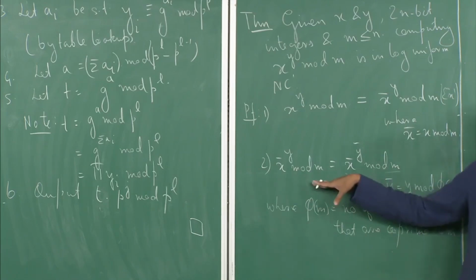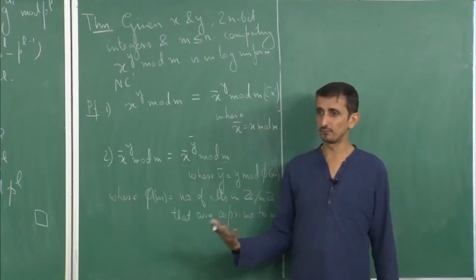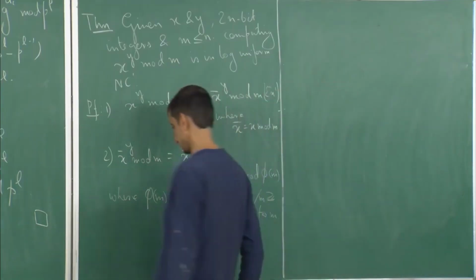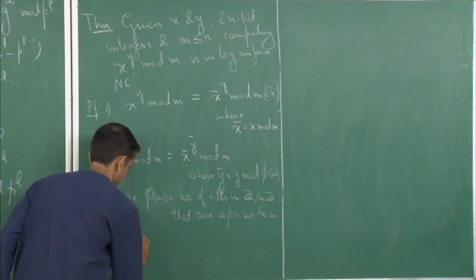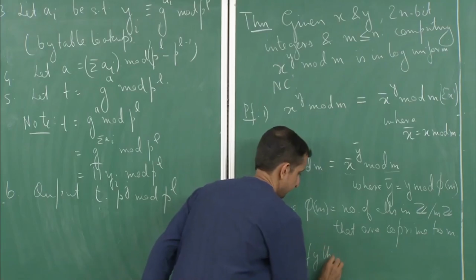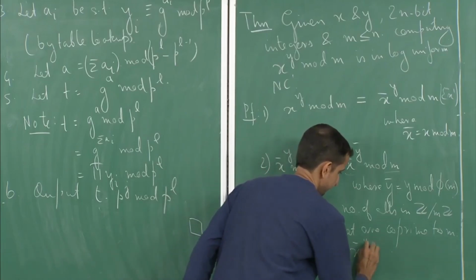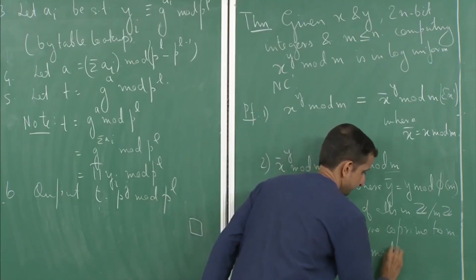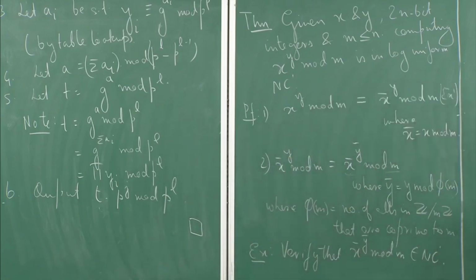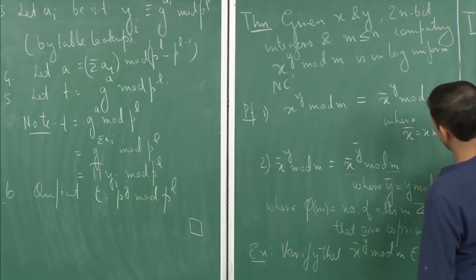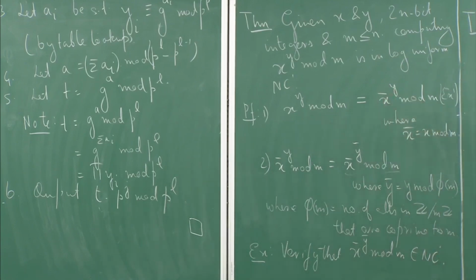Think about it, actually that is also not very obvious, it is not immediate, so that is also an exercise: how you can give an NC1 circuit for this. I don't think we will be using this result, but as I said, it is interesting to observe.